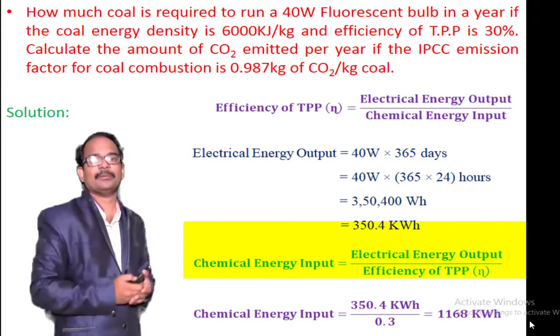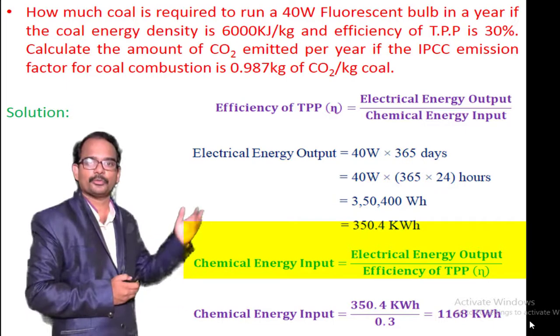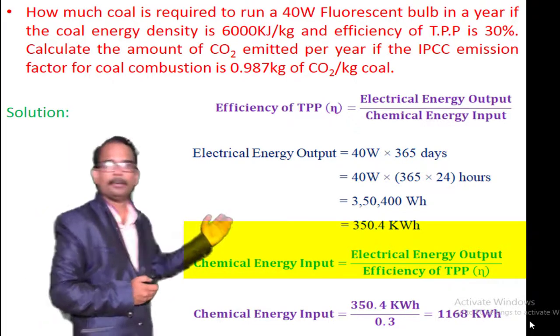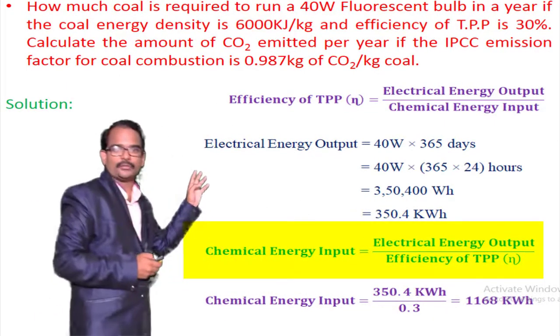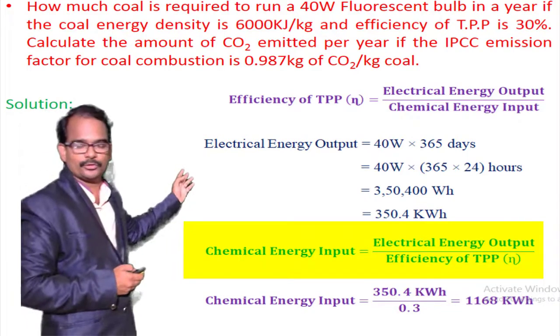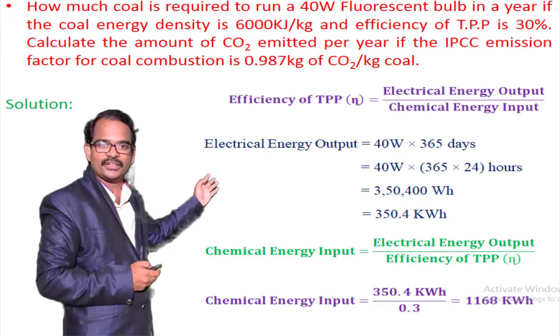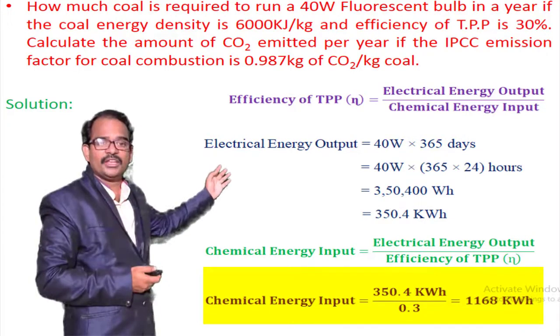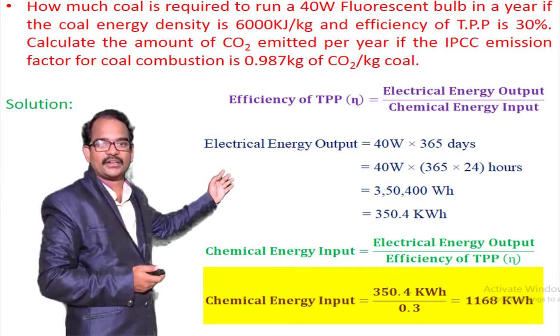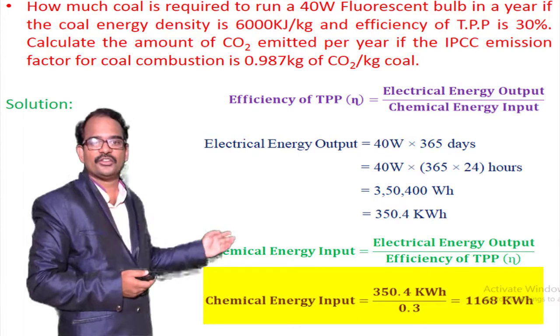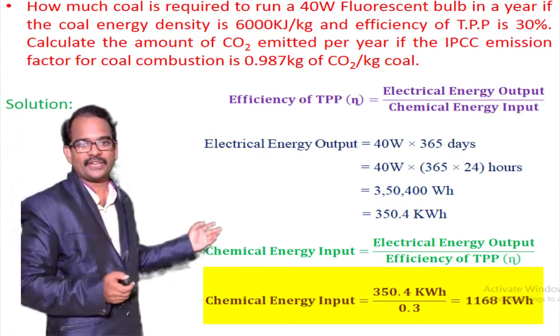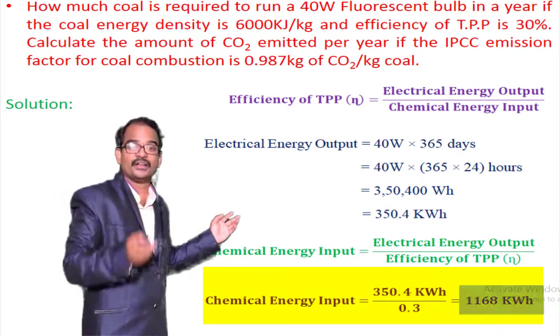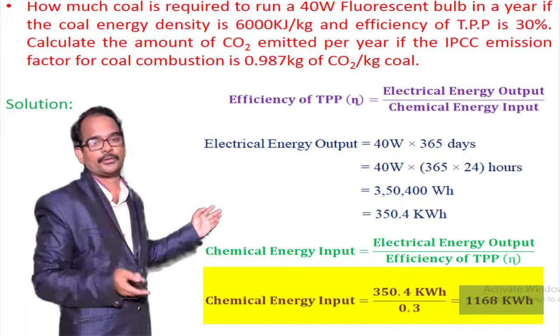From the above formula, chemical energy input is equal to electrical energy output divided by the efficiency of the thermal power plant. So 350.4 kilowatt hours is the electrical energy output, divided by the efficiency of 0.3. You will get 1168 kilowatt hours. It is the total chemical energy input.